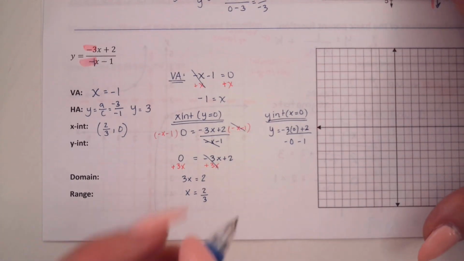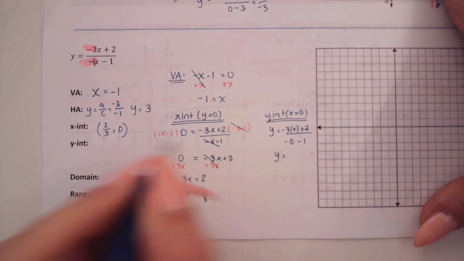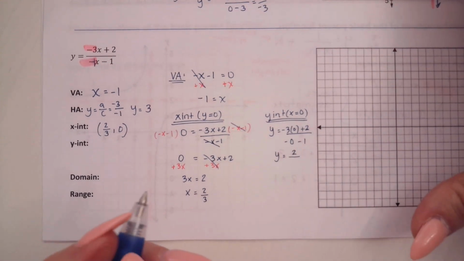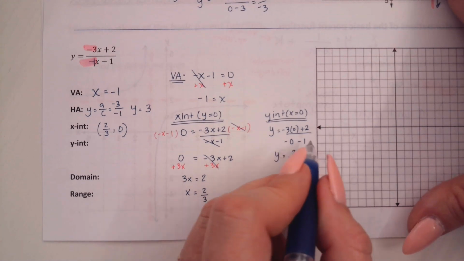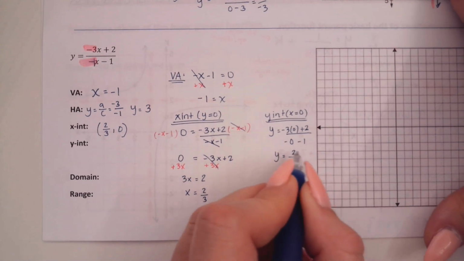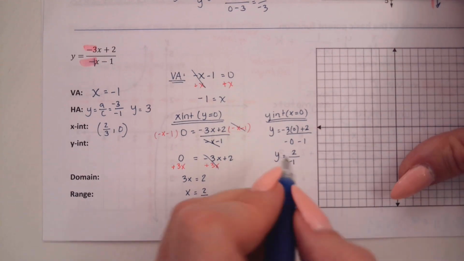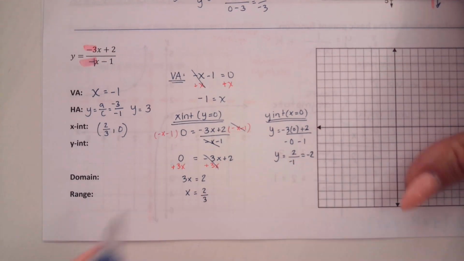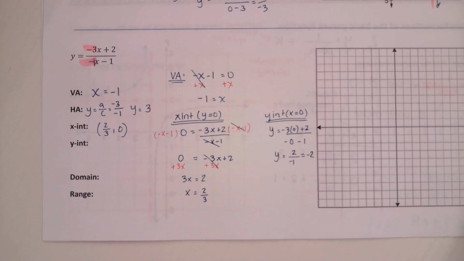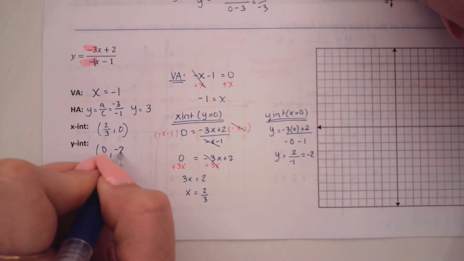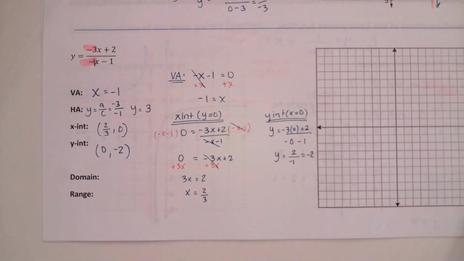What does the numerator simplify to? 2. Yeah. What does the denominator simplify to? Negative 0 minus 1 simplifies to negative 1. And what's 2 divided by negative 1? Negative 2. Good. As a point, how would I write that? 0, negative 2. Very good.